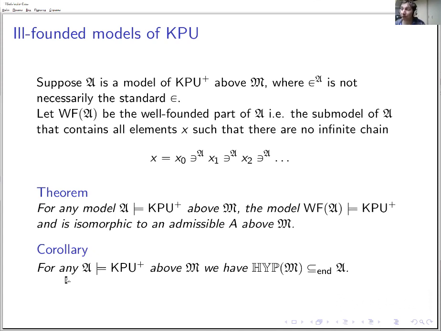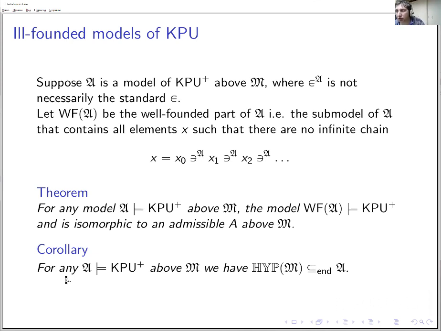Now consider ill-founded models of KPU. Basically, now instead of having the set-theoretic part be a standard set with the standard membership relation, we consider these models of KPU just as usual first-order structures.